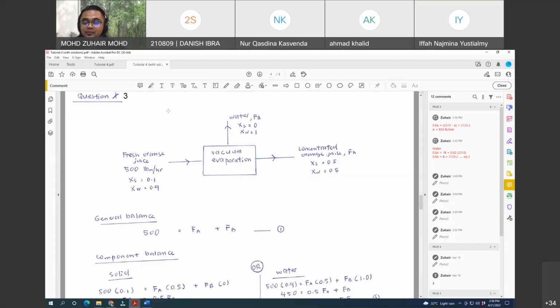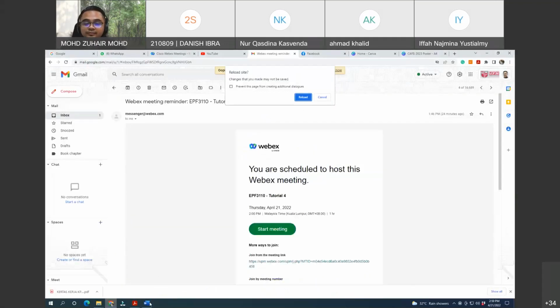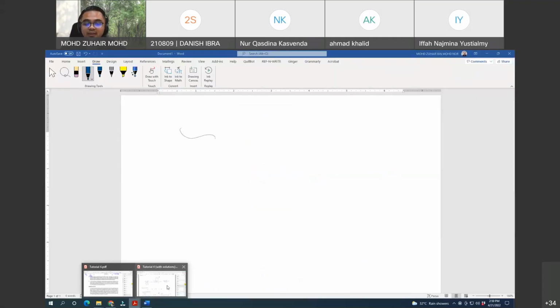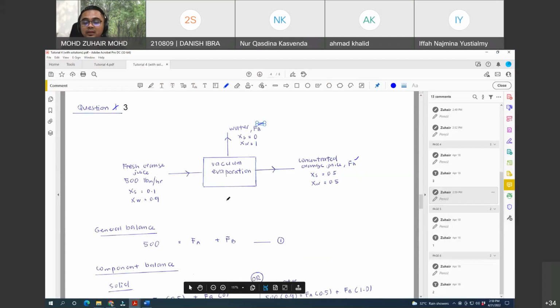Okay, so when you draw something like this, you are going to get more understanding about the degree of freedom analysis, the understanding about what kind of value that you need to find. For instance, like this one, you need to find FB and FA. So similarly, you can do the degree of freedom analysis.